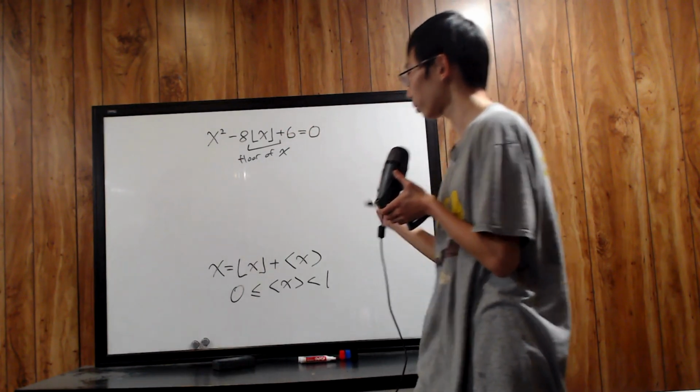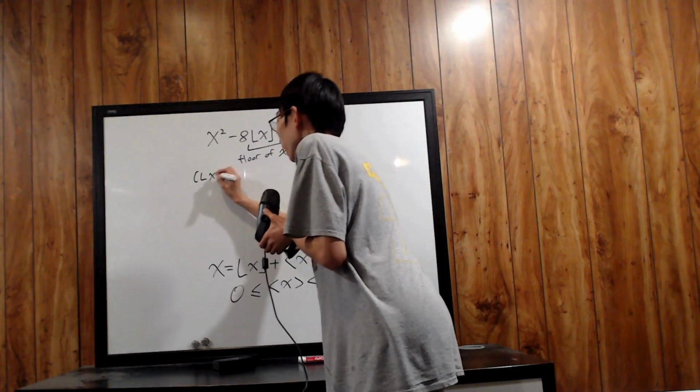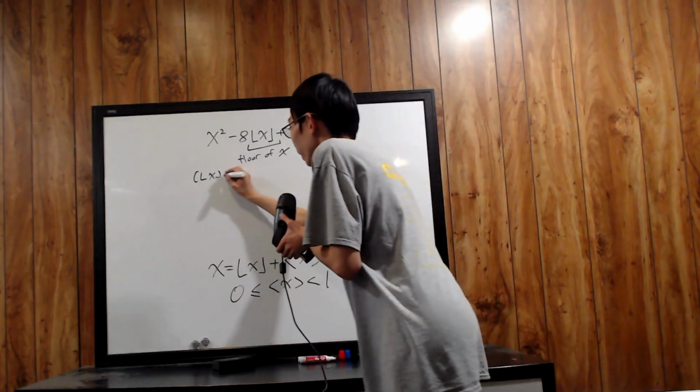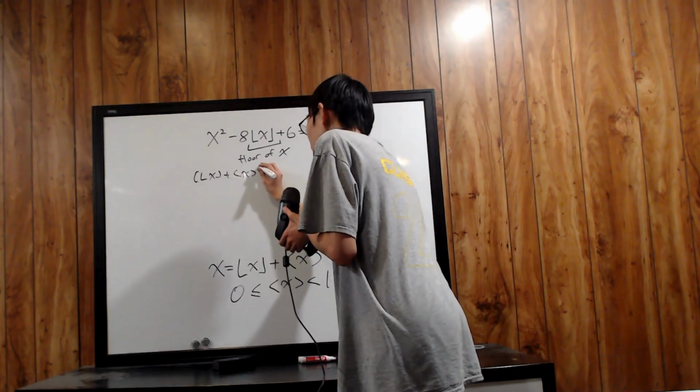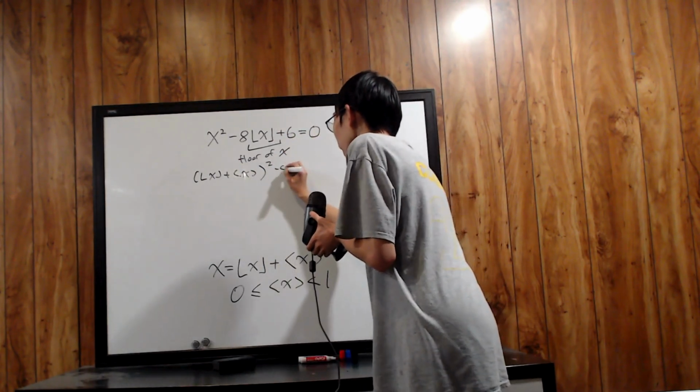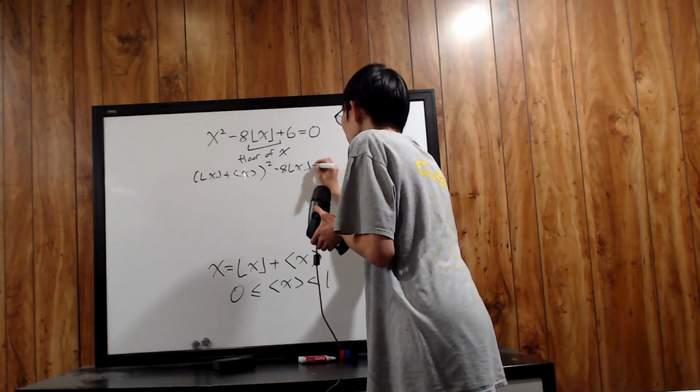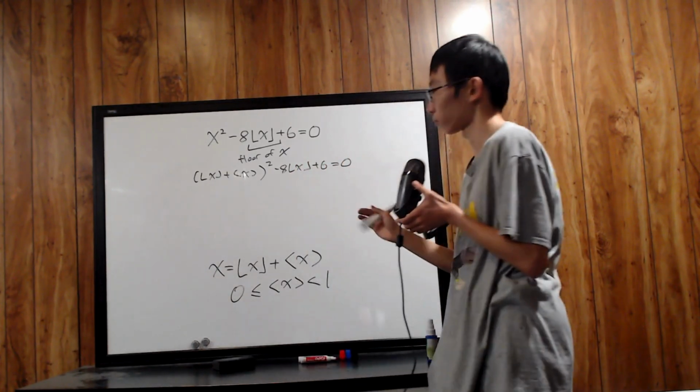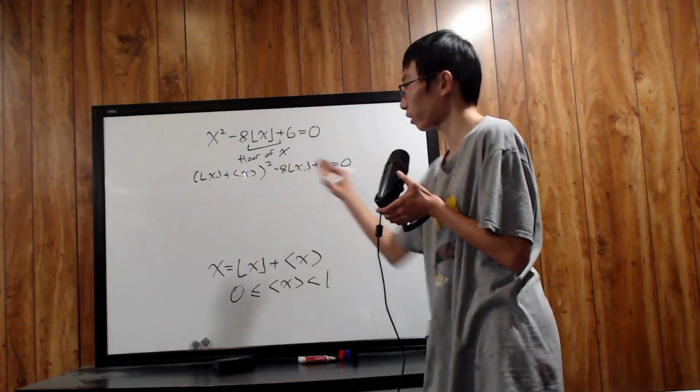Okay, so let's replace x with floor of x plus fractional part of x in this equation. So here we would have floor of x plus fractional part of x, all squared, minus 8 floor of x plus 6 is equal to 0. And now we can expand the brackets here.